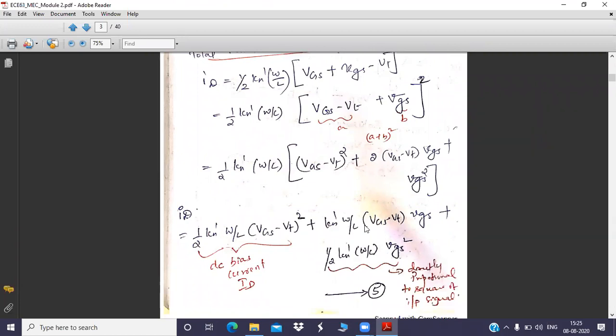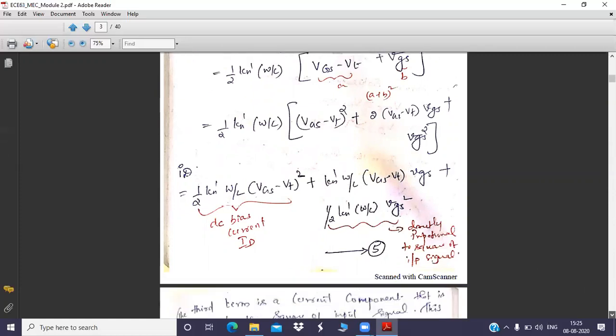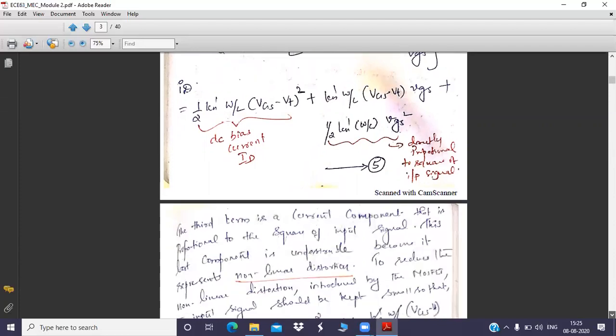First term is DC, second term is DC plus AC, third term here you have the square of signal current, which will contribute to the unwanted distortions. So you have to suppress this. So this should be very much less than that of this. That is a condition to be implemented. Third term should be very much less than second term.